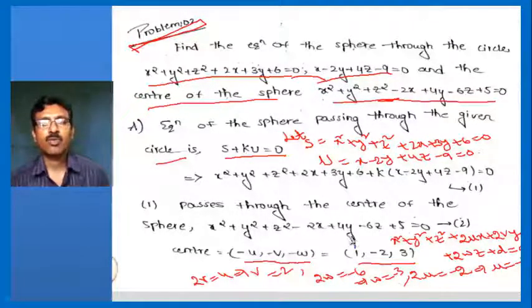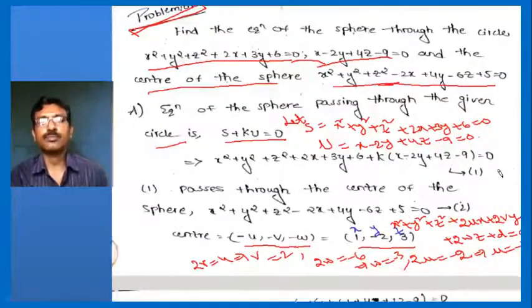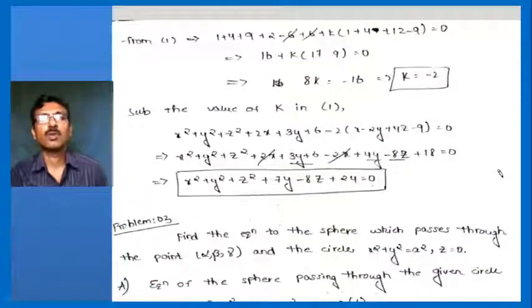Here it is x coordinate, y coordinate, z coordinate. Substitute these x, y, z values in the equation 1. We get 1 plus 4 plus 9 plus 2 minus 6 plus 6 plus k into 1 plus 4 plus 1 plus 12 minus 9 equal to 0.